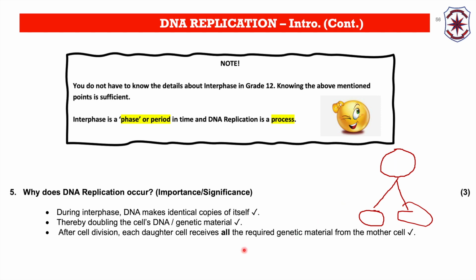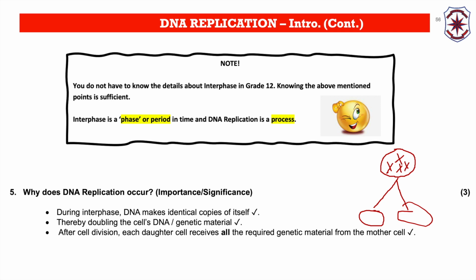All right. Now, I'm just going to make an example explaining this point, that each daughter cell receives all the required genetic material from the mother cell. We said that DNA is packaged in structures called chromosomes, if you can still remember from the previous lesson.